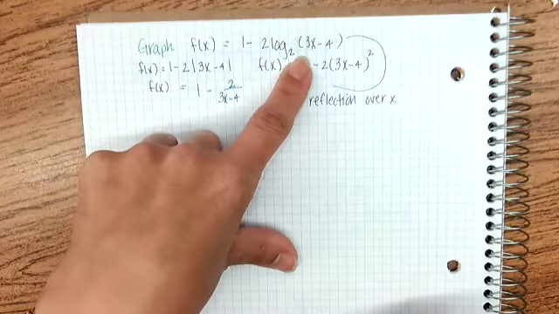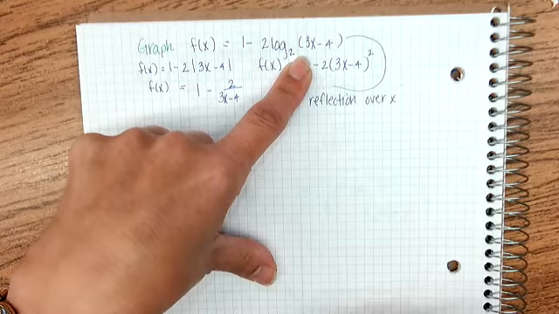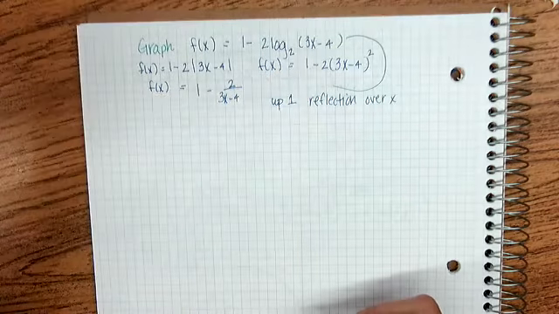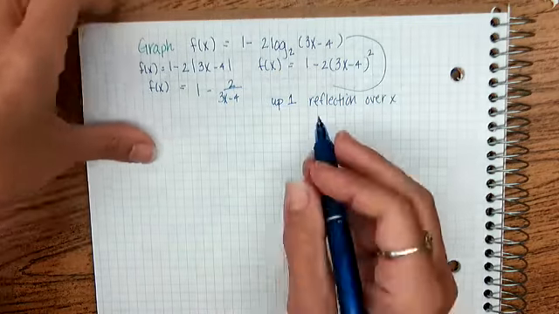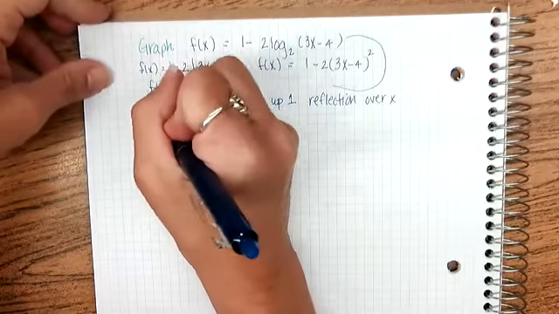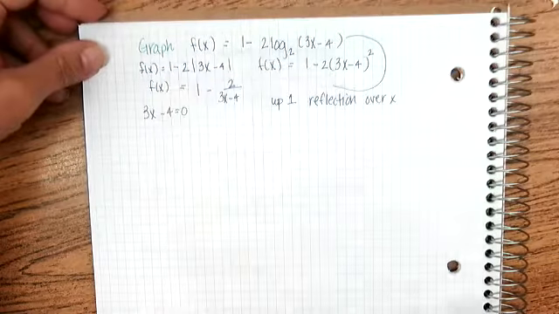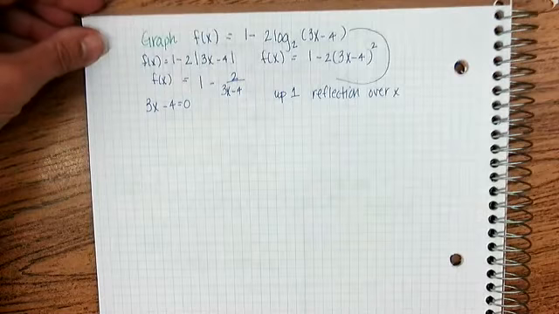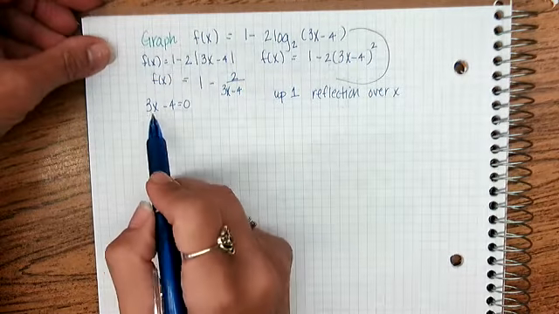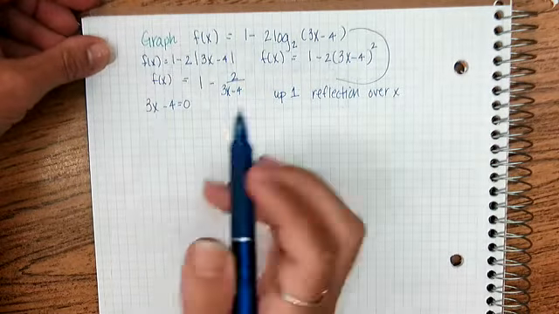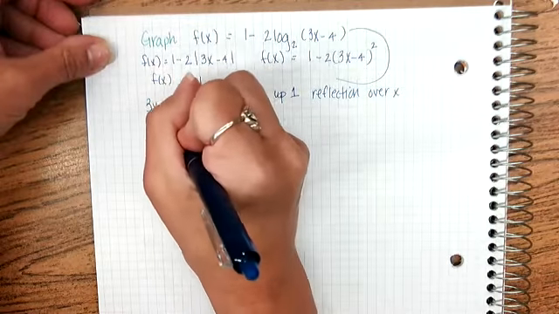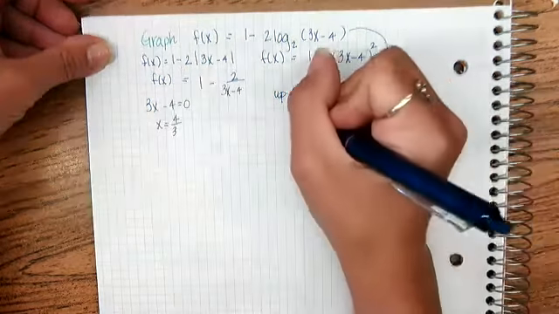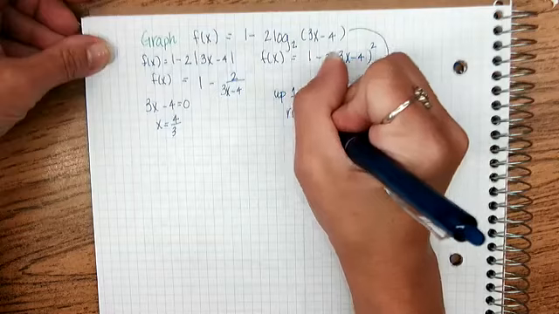The 3x minus 4, this is a shift right 4/3, not 4. 3x minus 4 equals 0. So if you still have that question, what value of x makes the quantity 0? That's positive 4/3. This is a shift right 4/3.